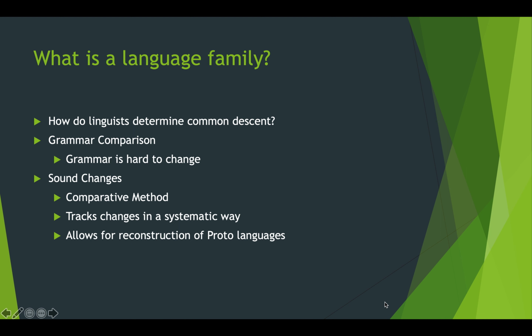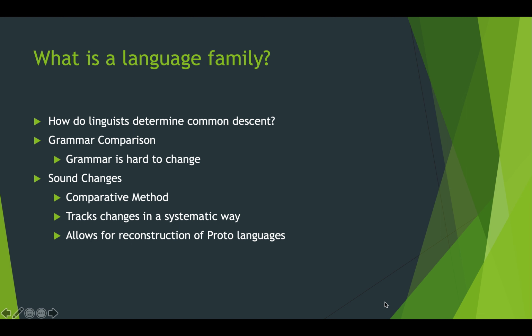Words are easy to change in languages. Even in the same language, like in England versus Australia versus the United States, there's some things that we have different words for, like the trunk of a car or an elevator or different types of food. But grammar is hard to change.